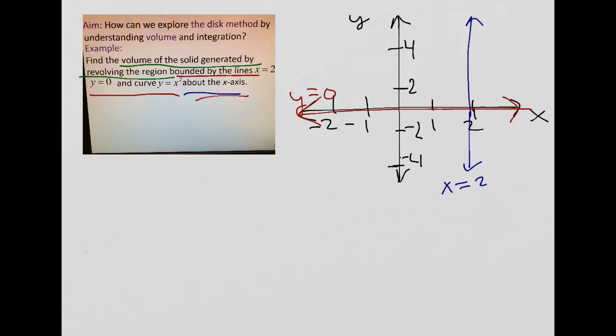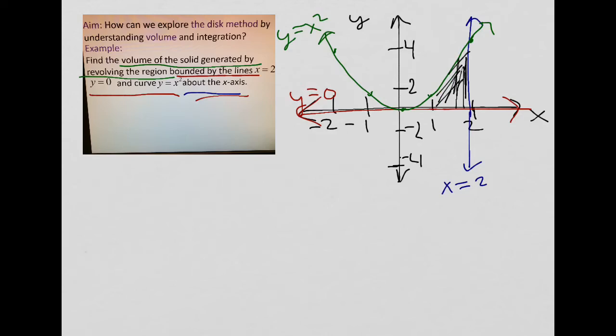And our curve y equals x squared. So hopefully we can get that in there the correct way. Now we can see where these 3 colors cross, and it's over here.